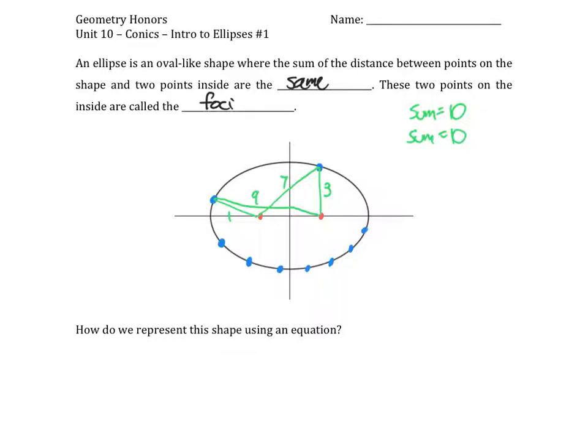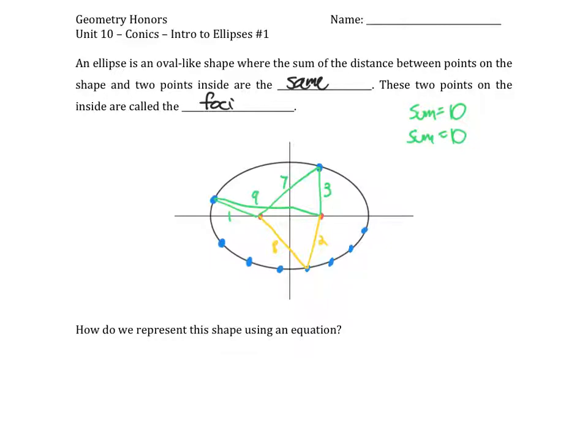So again, let me choose yellow now. The sum of the distances between here and here, I don't know, maybe it's 8 and 2, but no matter where that point is on the ellipse, the sum of the distances between the 2 foci and that point always must be the same thing.